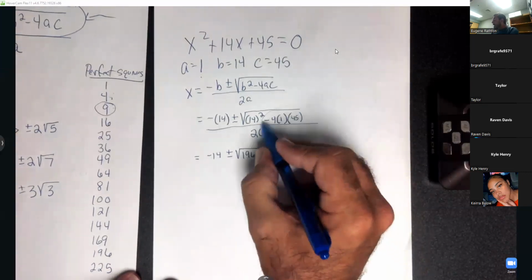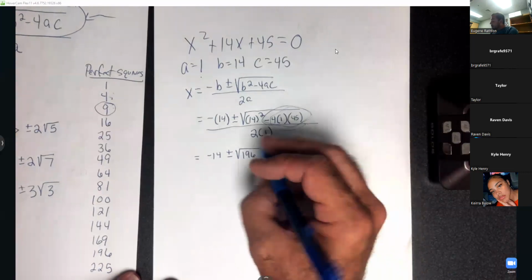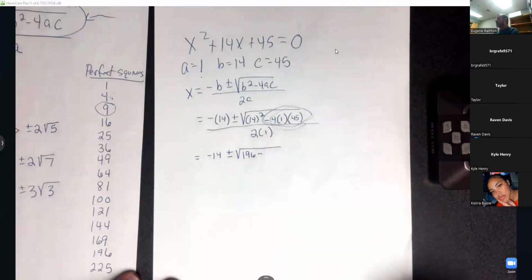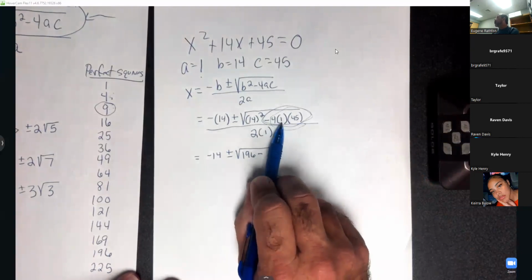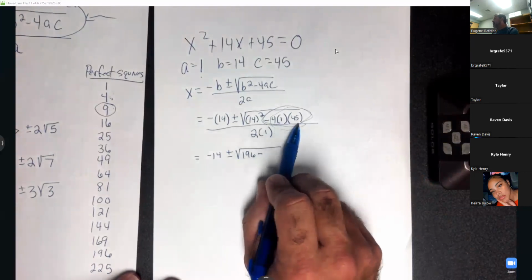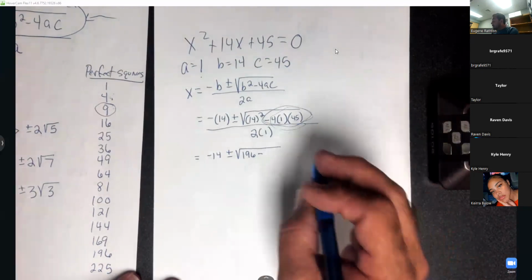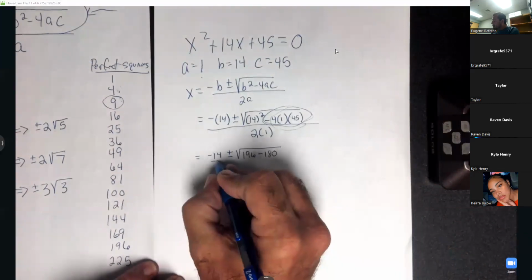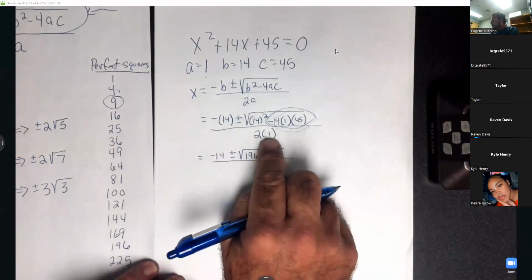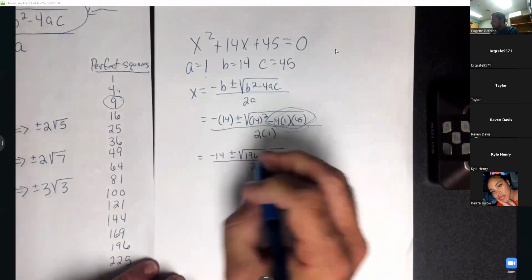There's only one negative on this right side, so it'll stay negative. And y'all, let's figure out 4 times 1 is 4. 4 times 45, that's like 180. All of this over 2 times 1, which is 2.